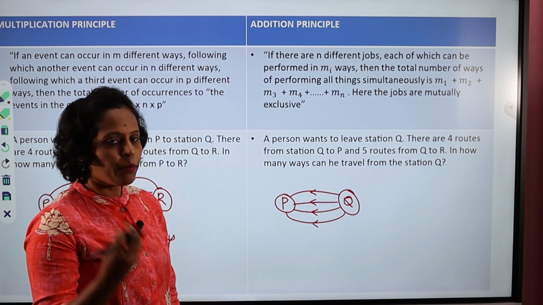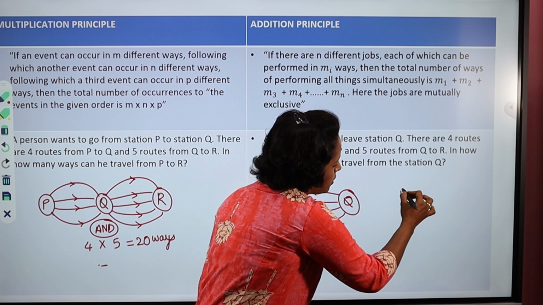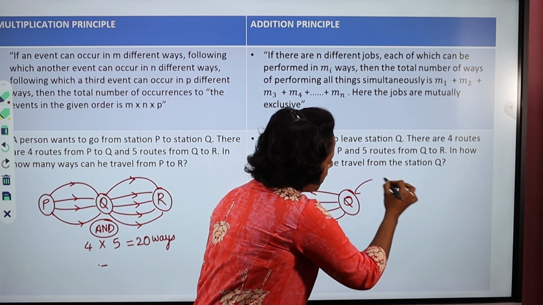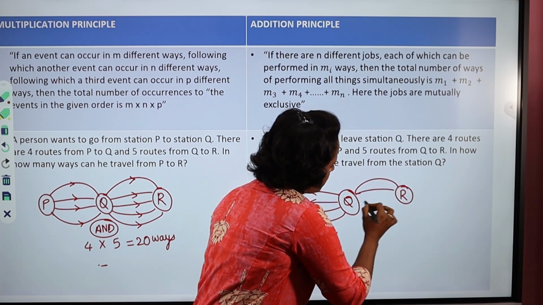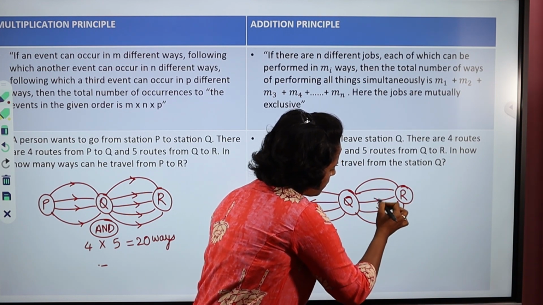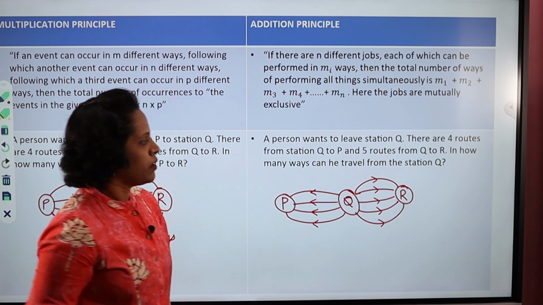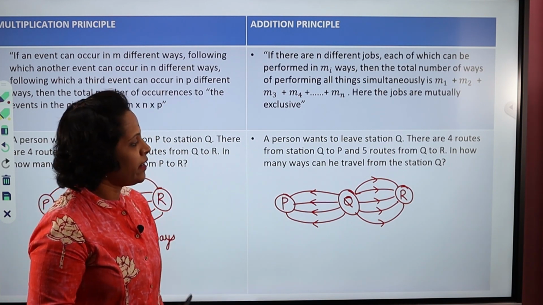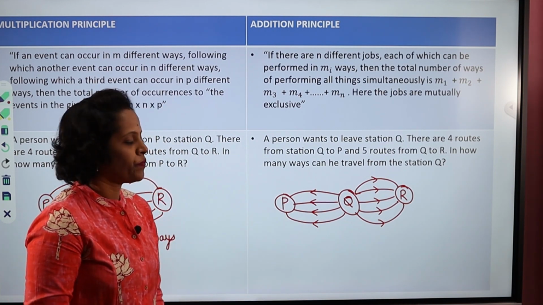And 5 routes from Q to R. We have another station R. And we have 5 routes.